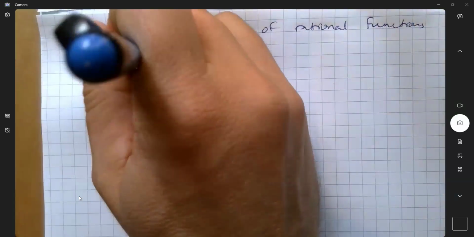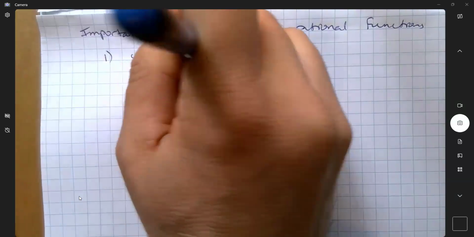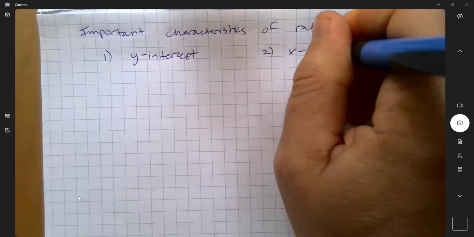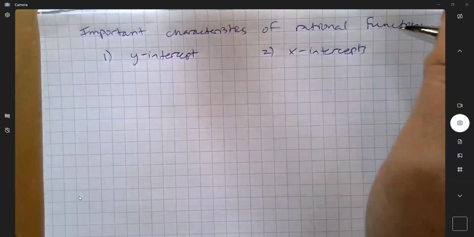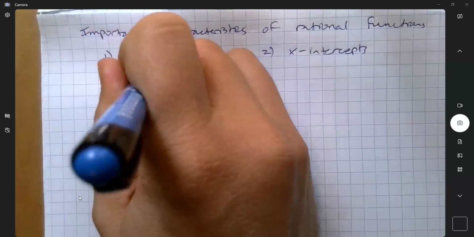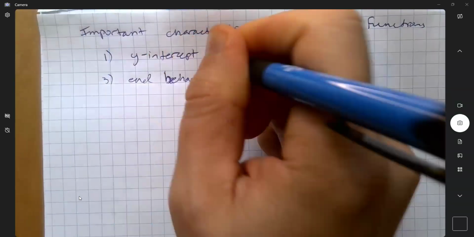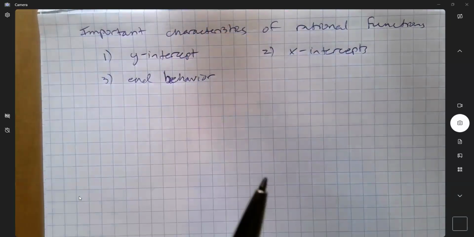We care about the y-intercept. We like to know what our initial value is. We care about x-intercepts. We want to know when that function equals 0. We care about the end behavior. What does that function do as x goes towards positive or negative infinity?